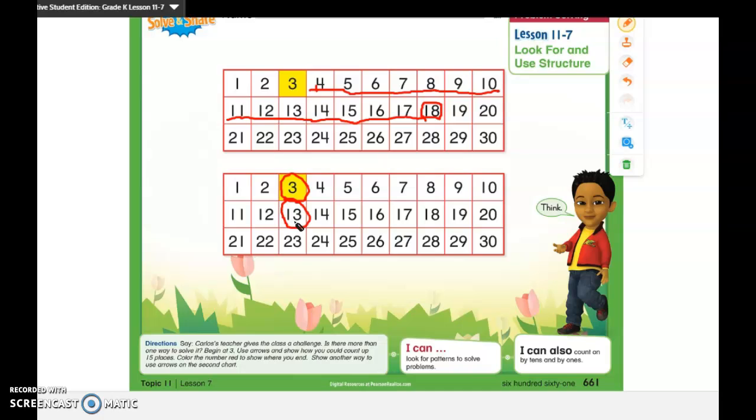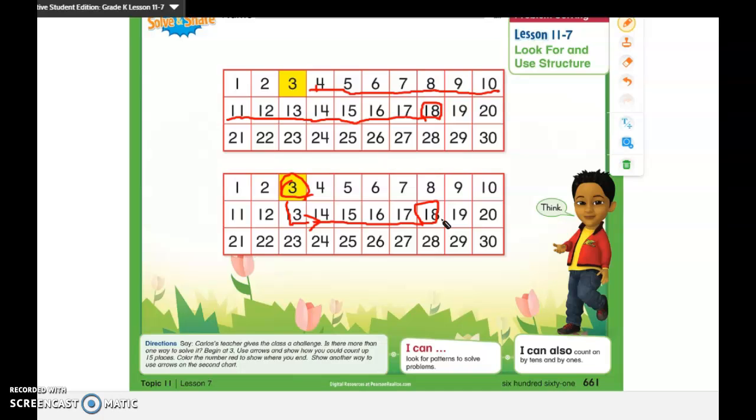So it would be 10, 11, 12, 13, 14, 15. So I'm going to just change this. Whoopsie. I wanted the eraser. Okay, let me go back to my pen. So we started. I went down 10 and then over 5 more. And I still got to 18.